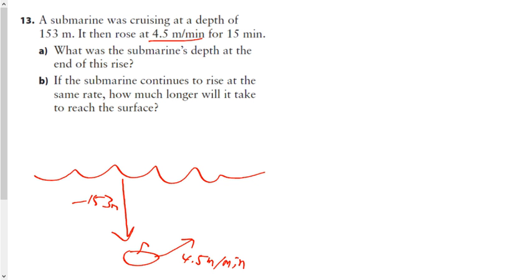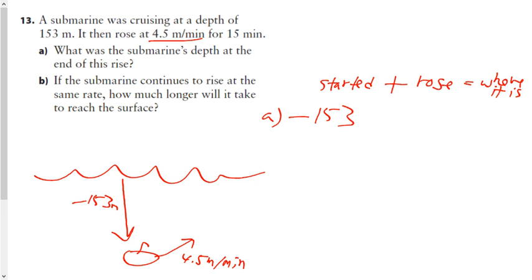So this is the important part. I'm going to make a BEDMAS question for A. Our starting depth is negative 153. If I think about it in words, where it started plus how much it rose equals where it is now.